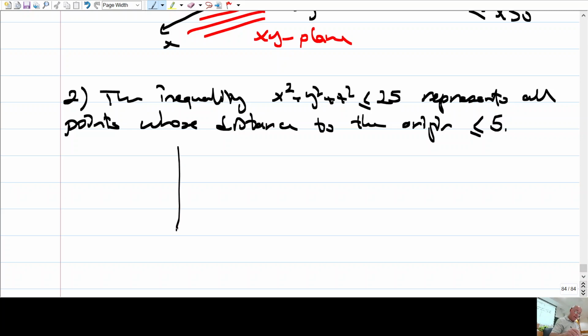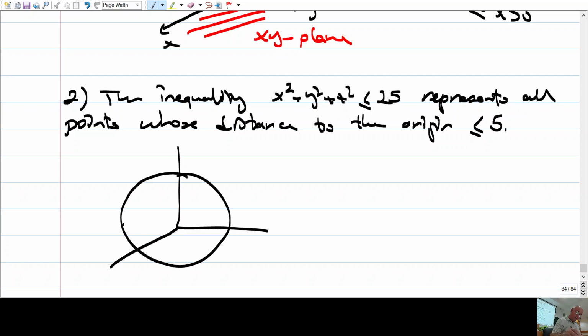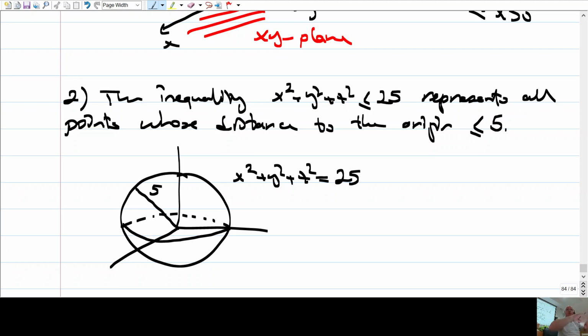So you just take the sphere of radius 5 with center at the origin. Okay, so it is just this sphere, and this set represents, so this is x squared plus y squared plus z squared is 25, and this represents all the points on the sphere and inside the sphere.